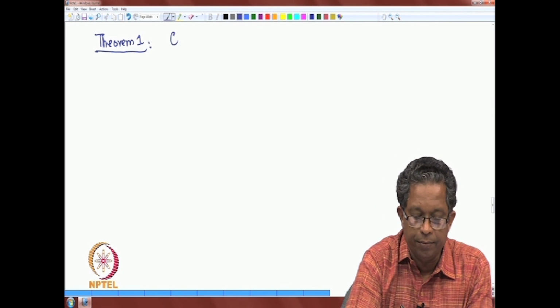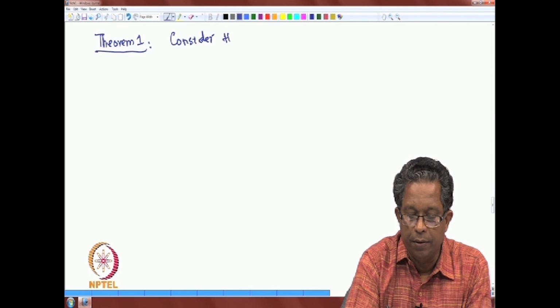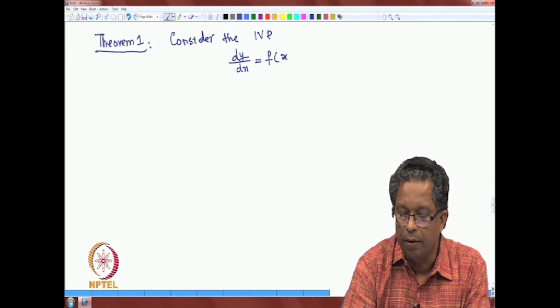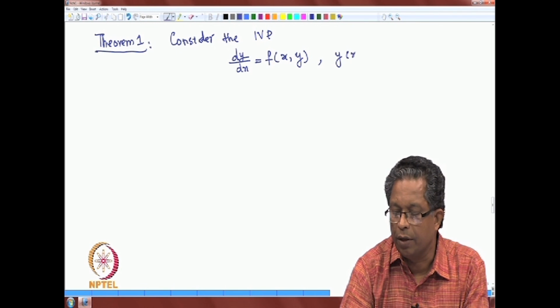Consider the initial value problem dy by dx is equal to f of x, y with initial condition y at x0 is y0.